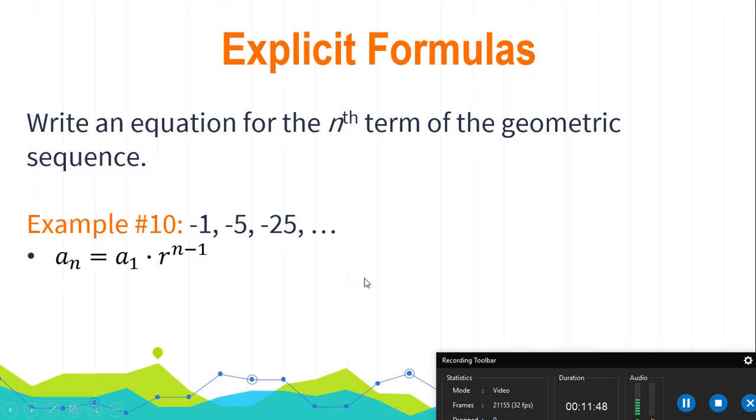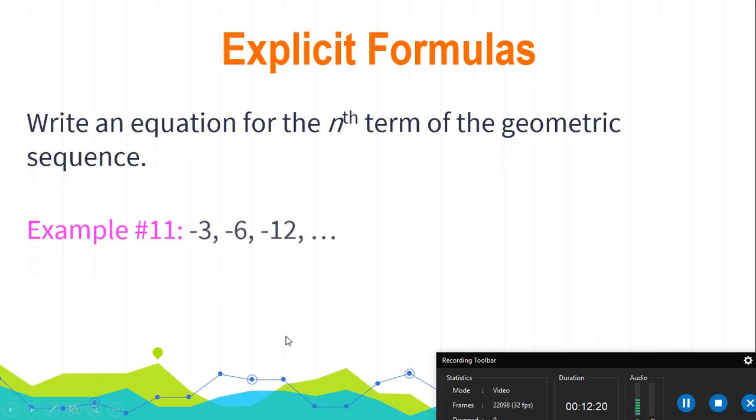What I'm going to do is start with this formula. A sub n is what I'm trying to find. That's going to remain the same. We're going to replace a sub 1 and our common ratio. And this is as far as I can go because I don't know how many terms I'm looking for, but this explicit formula will work for this current sequence. So maybe now I ask you to find the 100th term. So now you could sub in 100 for n and go from there.